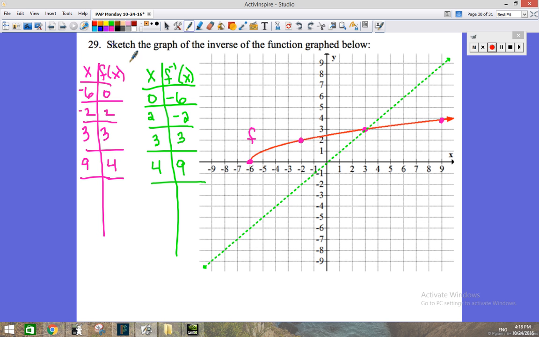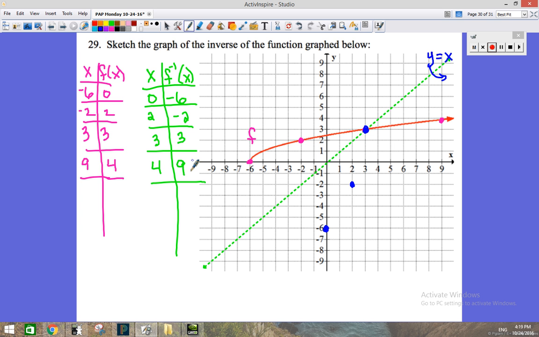So this (-6, 0), when I go to switch the domain and range, becomes (0, -6). Then I've got (2, -2). It's passing through the point here. If you're a point on the line y equals x, when you're reflected across that line, that point still stays there.